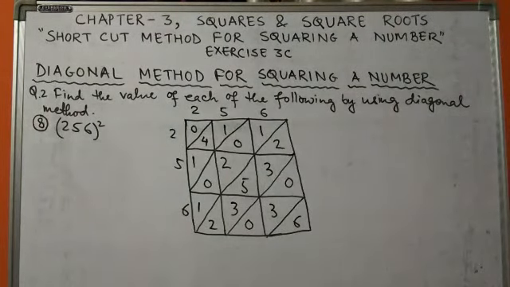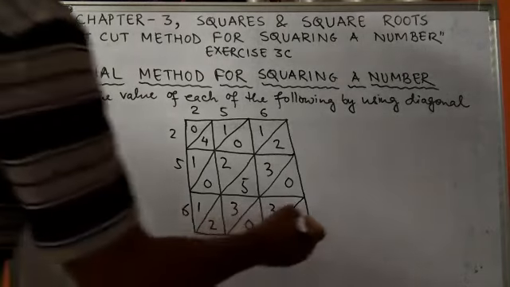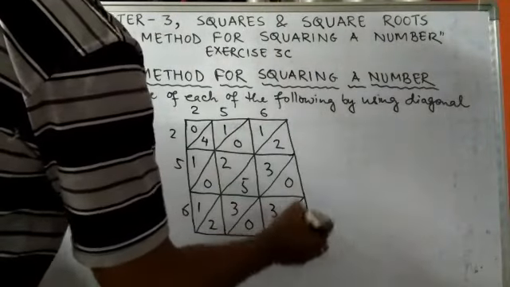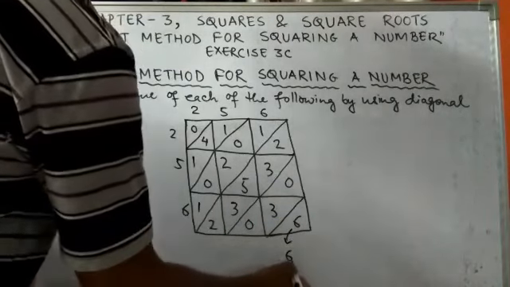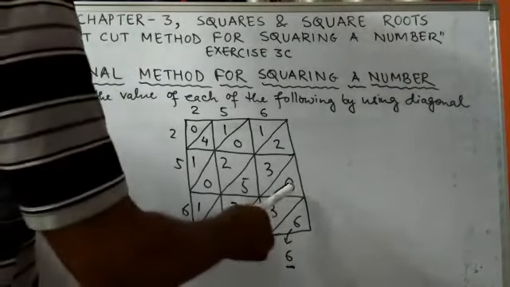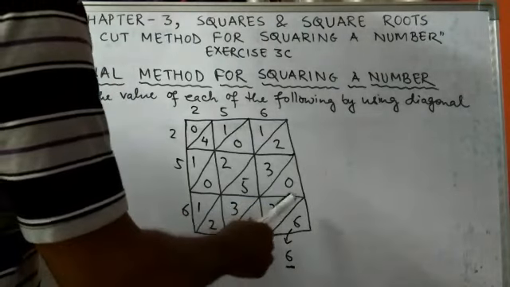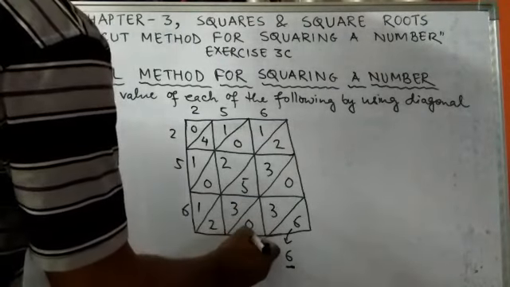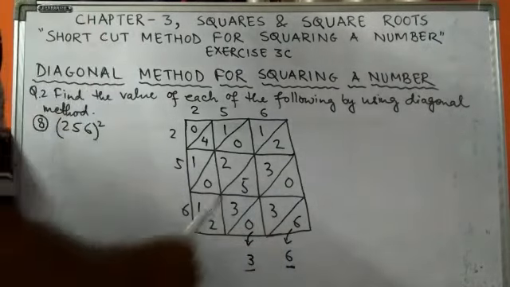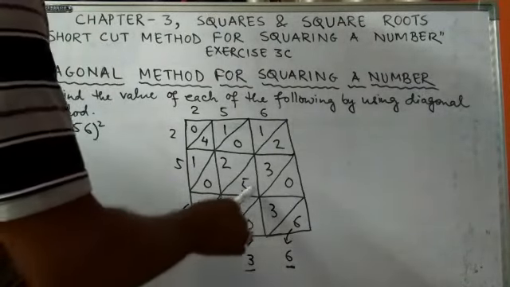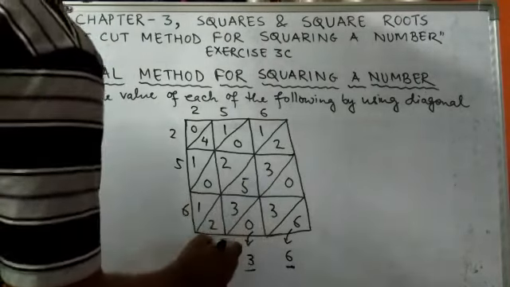Now we have to work out in this half triangle. 6 is alone, then 0, 3 and 0 are to be added. This will give only 3. 3 plus 2, 5 plus 5, 10 plus 5, 15.